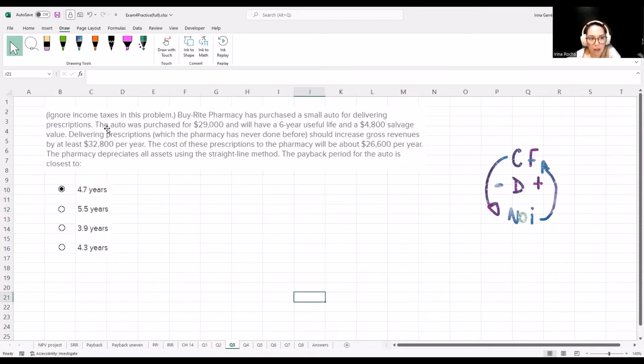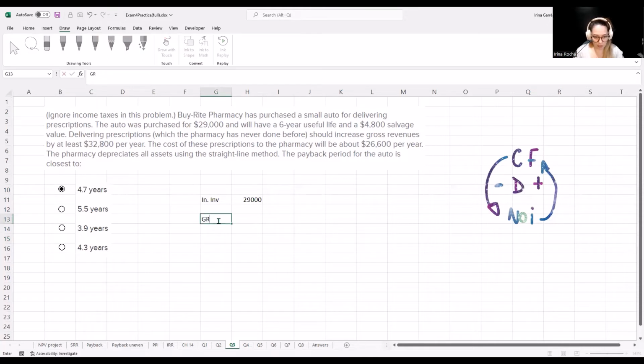We know that this pharmacy has purchased a small auto for delivering prescriptions. The auto was purchased for $29,000. So my initial investment is $29,000. It will have a 6-year useful life. I don't think I need that. Delivering prescriptions, which the pharmacy has never done before, should increase gross revenues by $32,800.